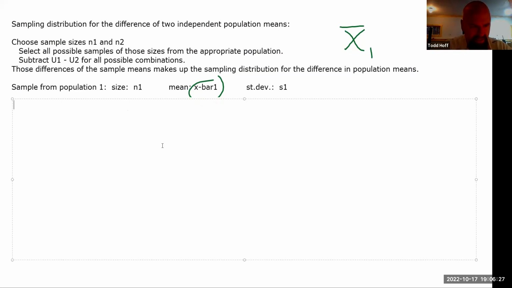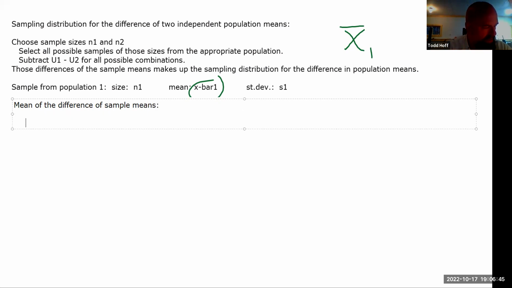So the mean of the difference of sample means, so this would be the mean mu of X bar 1 minus X bar 2, is going to equal simply the mean of X bar 1 minus the mean of X bar 2, which is simply equal to mu1 minus mu2.